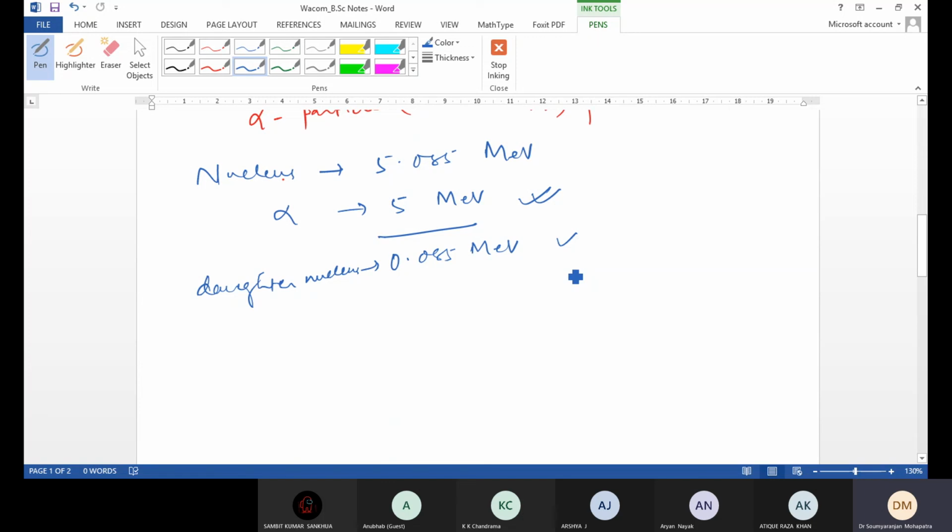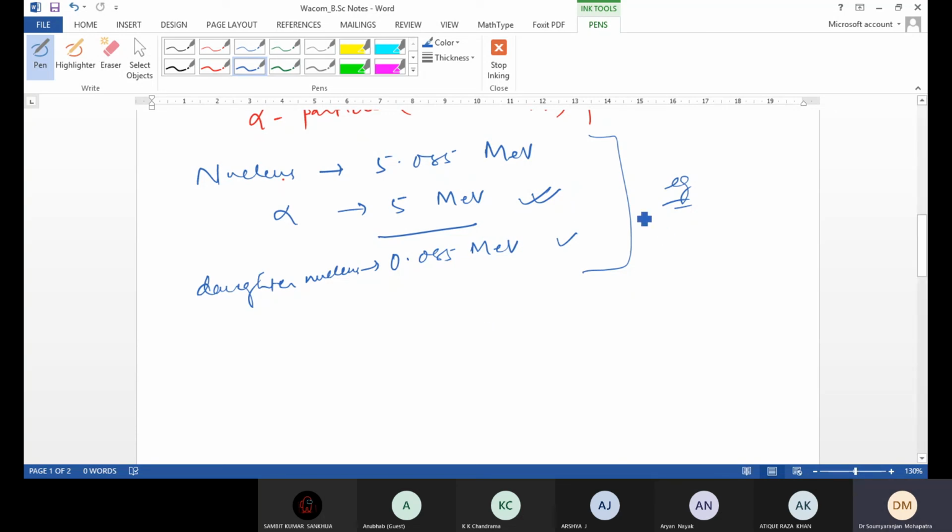And for the alpha particles emitted during this decay process, if we take this example, we can say that all the alpha particles emitted in this decay have the same energy. However many alpha particles there may be, the energy is the same, this much, 5 mega electron volt. That is why if you draw a graph between them, you see it is a vertical line. That is called your energy spectrum.